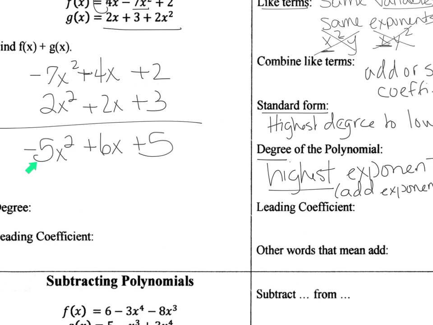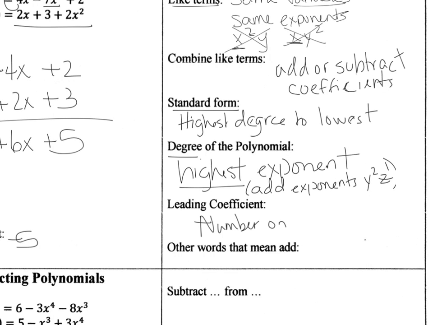The coefficient is this -5. That's the leading coefficient. So the degree of this one would be 2, and -5 would be the leading coefficient. So it's the number on the highest degree term.